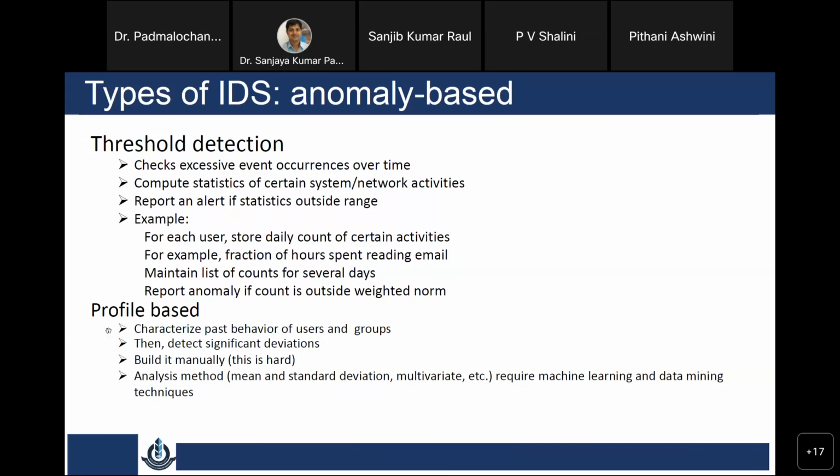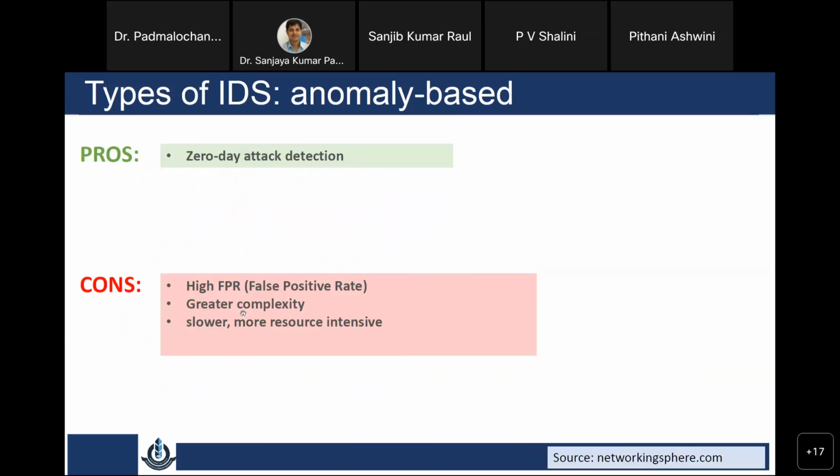Mostly a combination of these two, both threshold as well as profiling, is used in modern anomaly based intrusion detection systems. Obviously, anomaly based intrusion detection systems can detect new attacks, novel attacks, zero-day attacks.